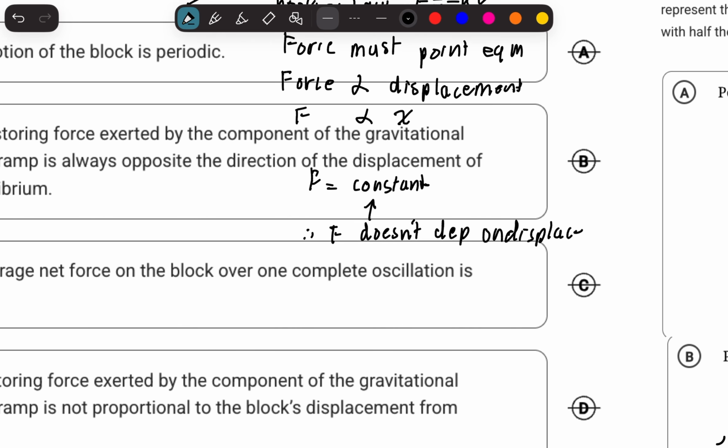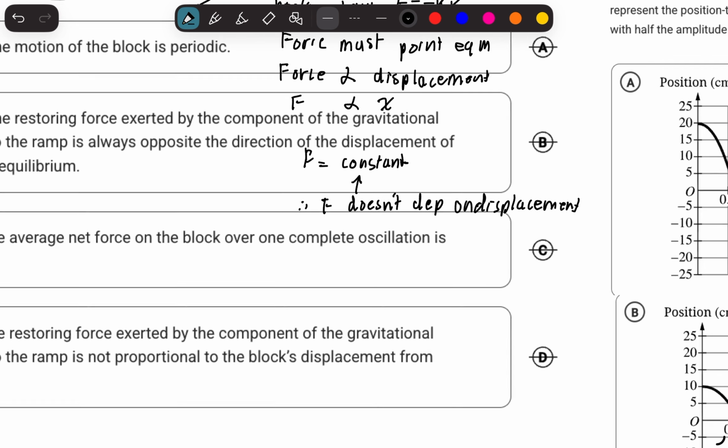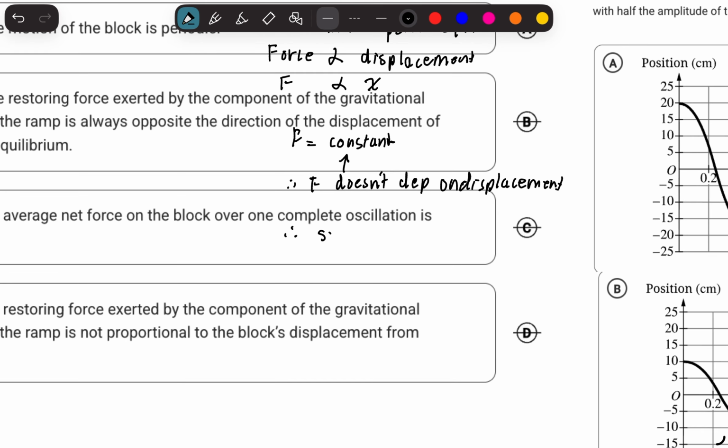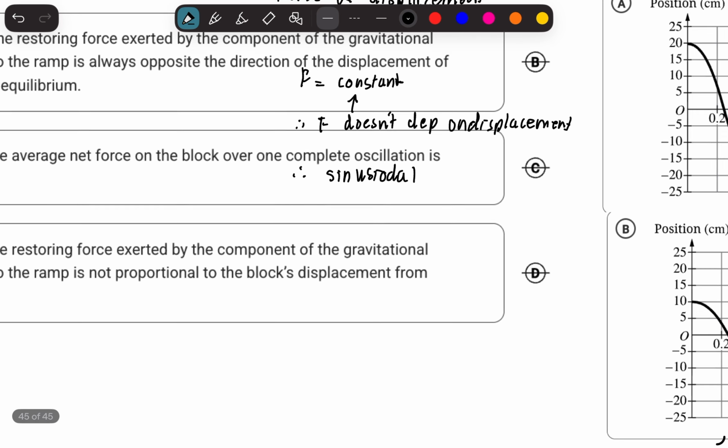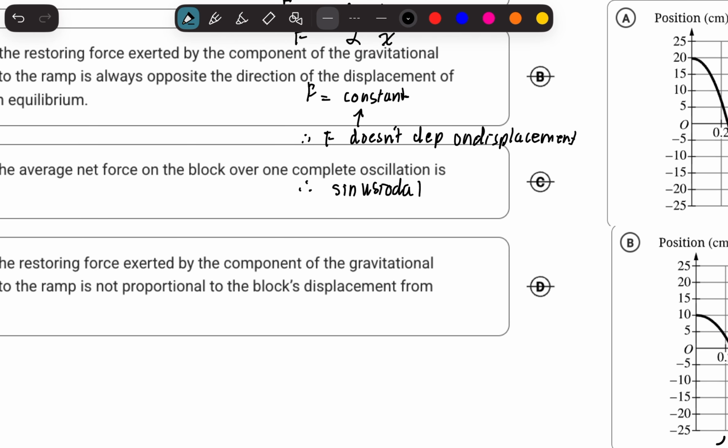It doesn't depend on displacement because it's always going to be the same no matter what your displacement is. So that means that your motion is not sinusoidal, because it's not proportional. Because it would always be the same.